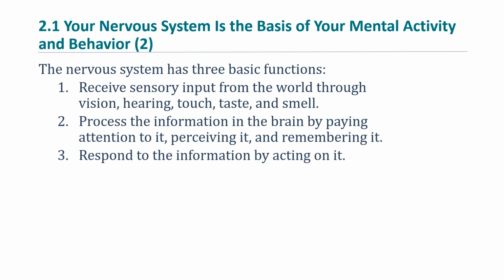Information comes into the nervous system through your senses. You process it, as long as you pay attention to it, you perceive it, which means you make sense of it, and you create a memory. And then based on the processing of this information, you respond to it in some way.